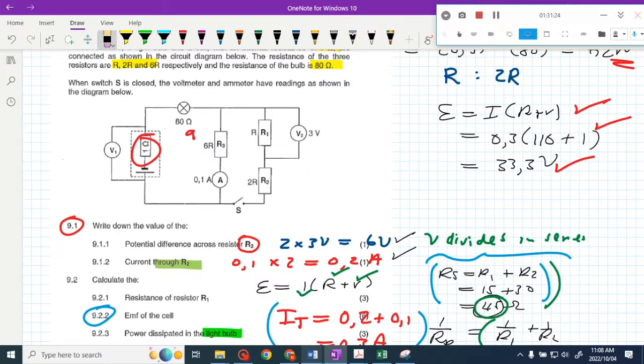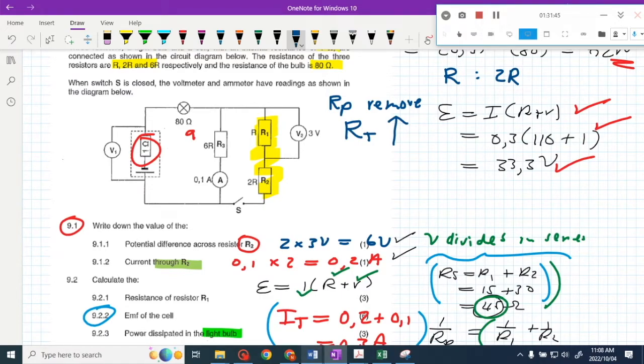We're removing these two resistors, and those resistors were connected in parallel. When you remove resistors that were in parallel, what happens is that the total resistance increases.